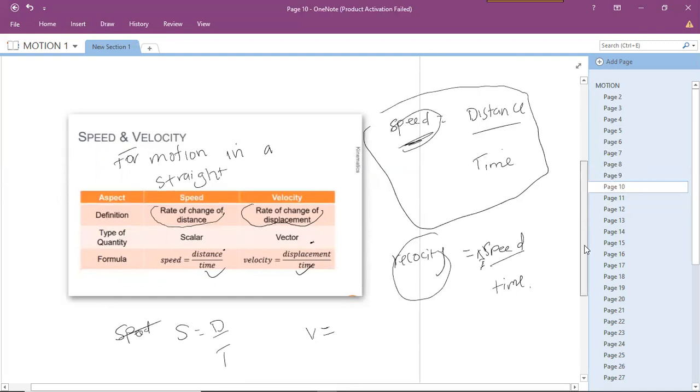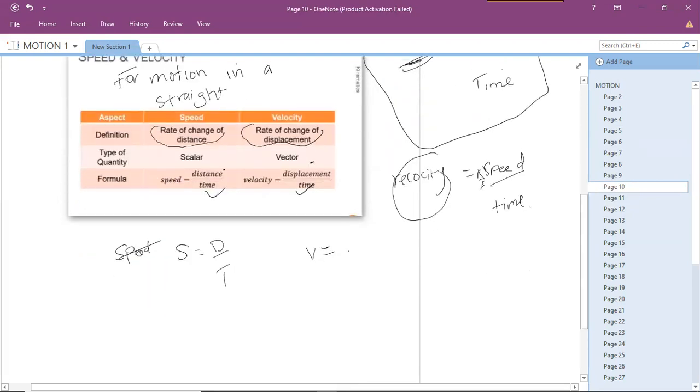Because I wanted to say velocity is final velocity minus initial velocity over time, then I realized that this is actually the formula for acceleration, which is the rate of change of velocity with time. Velocity is also distance over time, actually. Yeah, that's true.